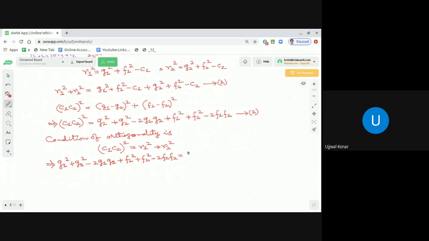From equation 1 we get G1 square plus F1 square minus C1 plus G2 square plus F2 square minus C2.